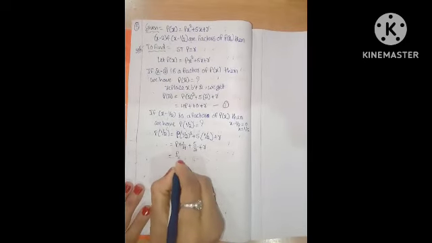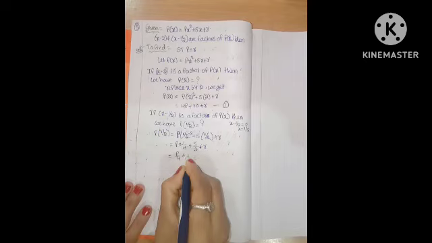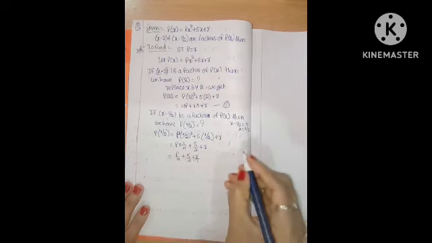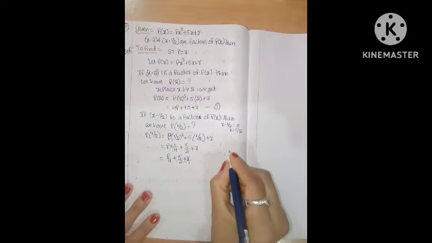So take the LCM of these. P by 4, 5 by 2, plus r by 1. Take the LCM. I am doing the rough calculation here.